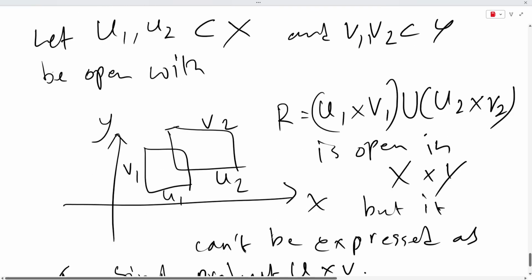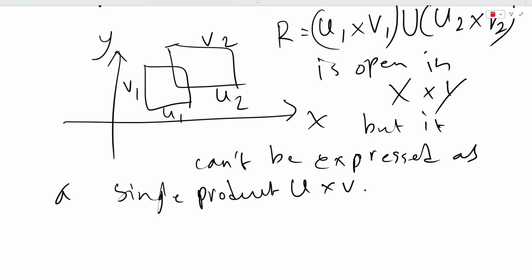So it's basically like you can have rectangles. A union of rectangles is open because it's the union of two basis elements, but it cannot be expressed as a single product.